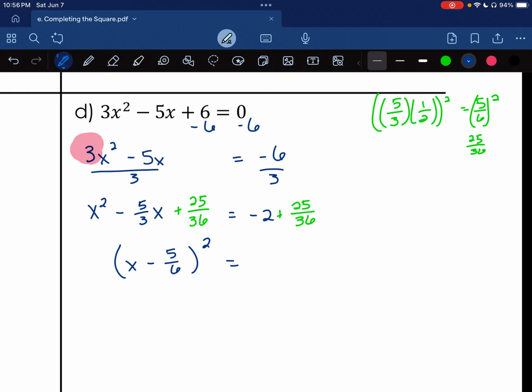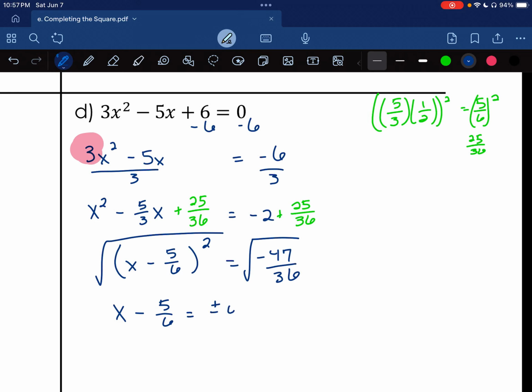I'm going to square root both sides. x minus 5 over 6 is equal to plus or minus i radical 47 over 6.